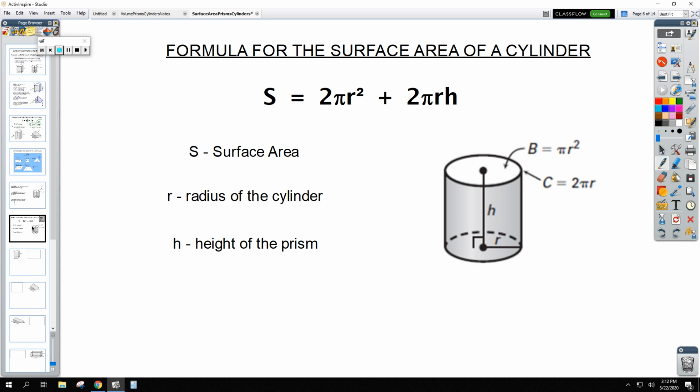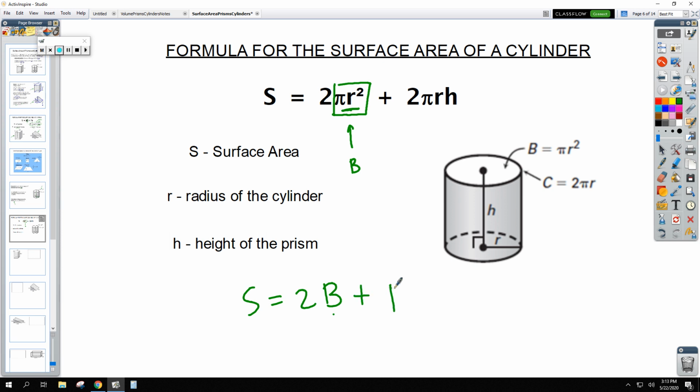The surface area formula for a cylinder is 2 times pi r squared. That pi r squared is the B part in our formula. If we look at the surface area formula of a prism, what's the base here? It's a circle, so we're going to replace it with the area formula for a circle.